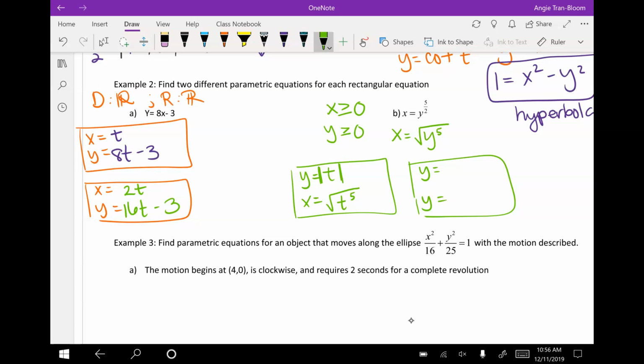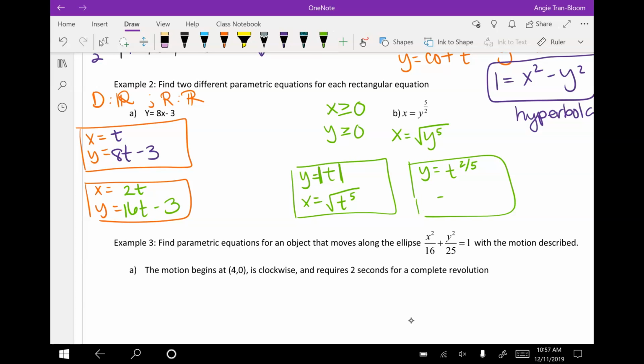Next, what do you want y to be? How about t to the power 2/5? Would that be okay? When I plug it back in, what would you get for x equals?